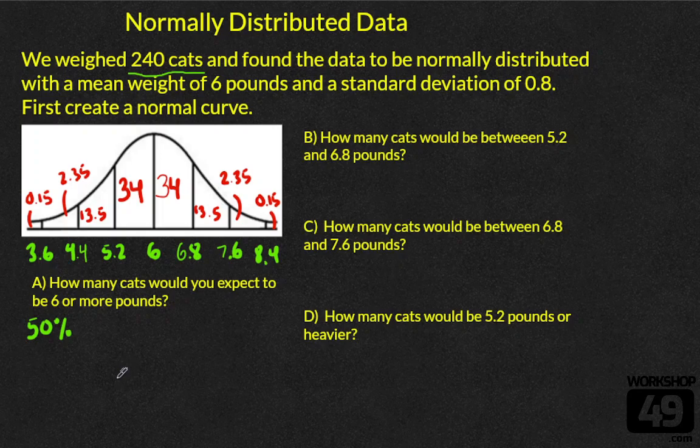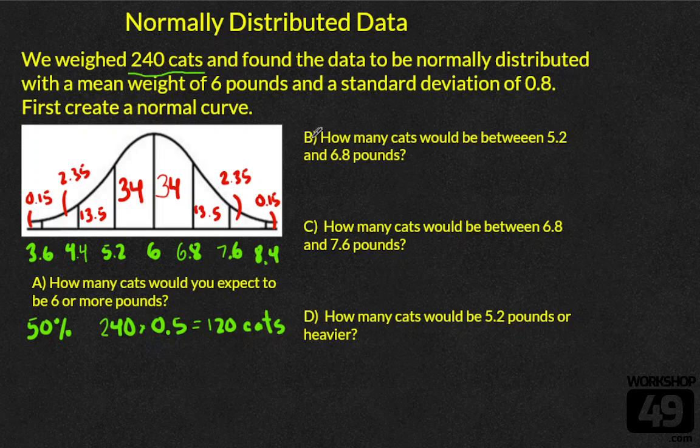It doesn't just want 50%, it wants a number of cats. So to do that, we take 240 and we're going to multiply by 0.5. That's because anytime you multiply by a percentage, you got to divide it by 100. What this is going to equal is 120 cats. Out of our 240 cats, we would expect 120 of them to be 6 pounds or more.